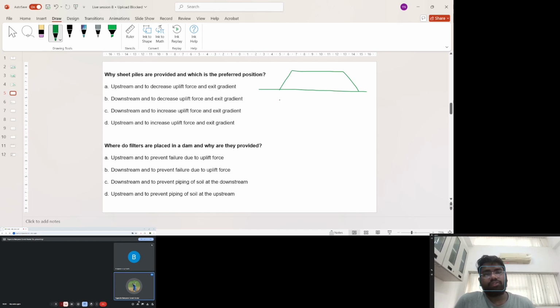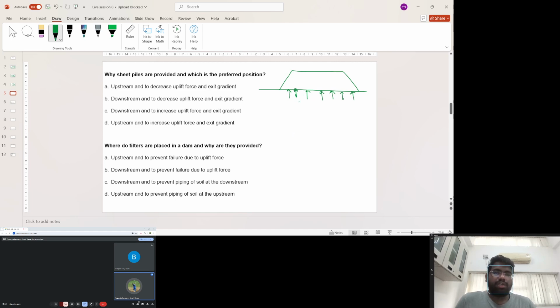So what happens as the flow progresses, the water exerts a pressure, which is the seepage pressure or uplift pressure. So the pressure exerted by water will be equal in all directions. So the structure is going to get affected due to the magnitude of force that is acting upwards. So hence it is known as uplift force.